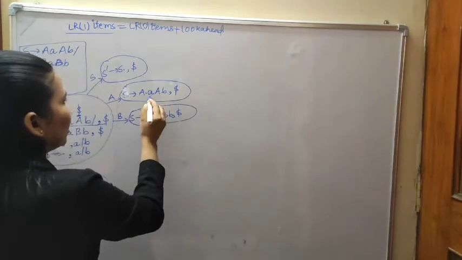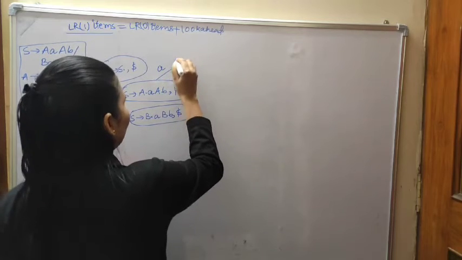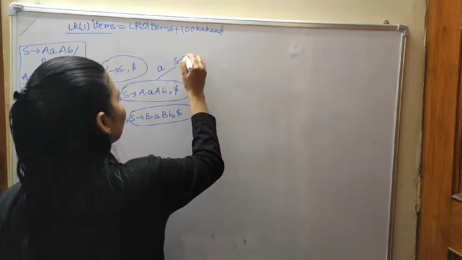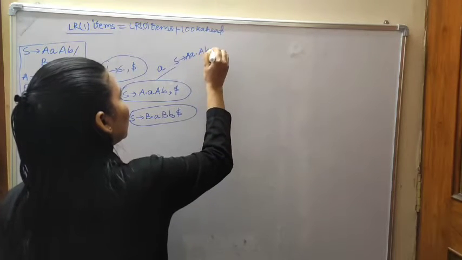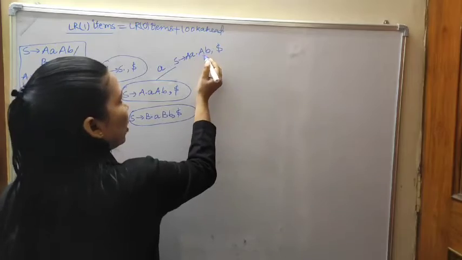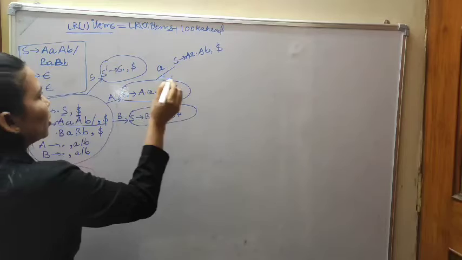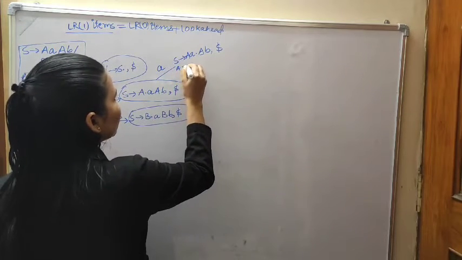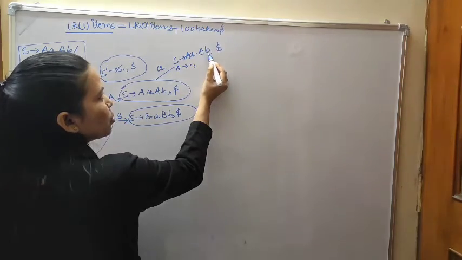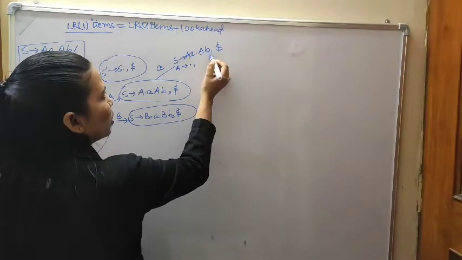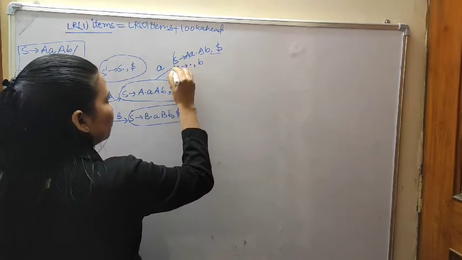Next we will see where A has been given. Now we will put for A the small a, S2 A dot A B and dollar. Now A has been given, yes, so we will write the production rules of A. What is A? A is dot, and then afterwards what is given? First of B and dollar, so B will come as a look ahead.